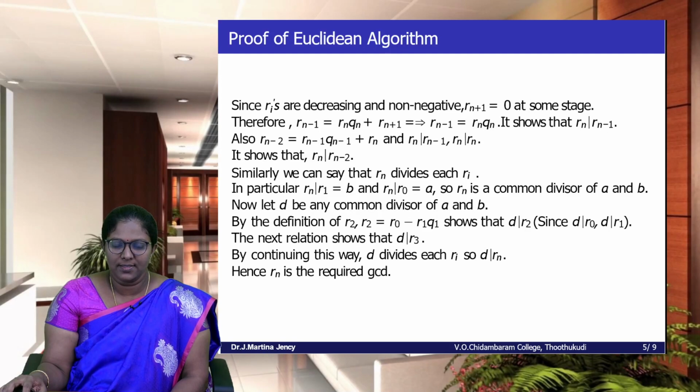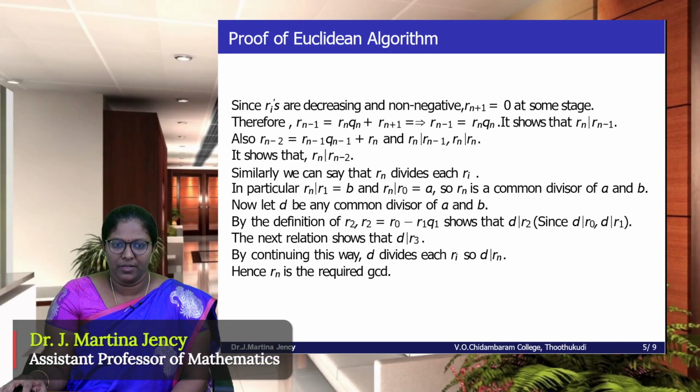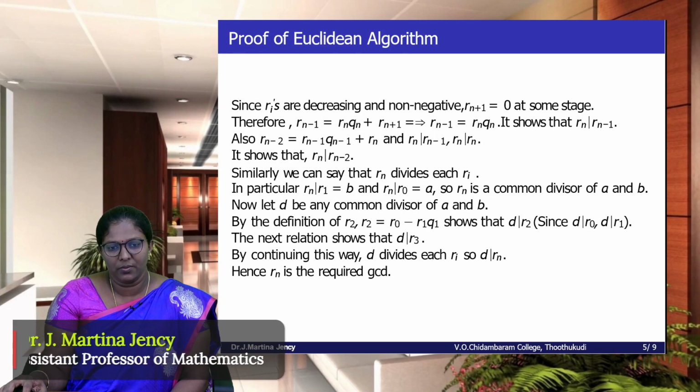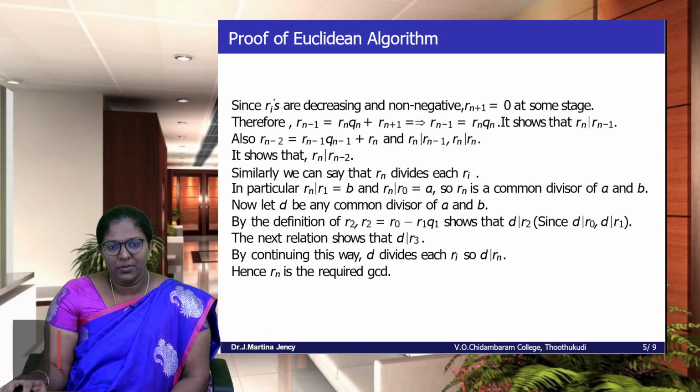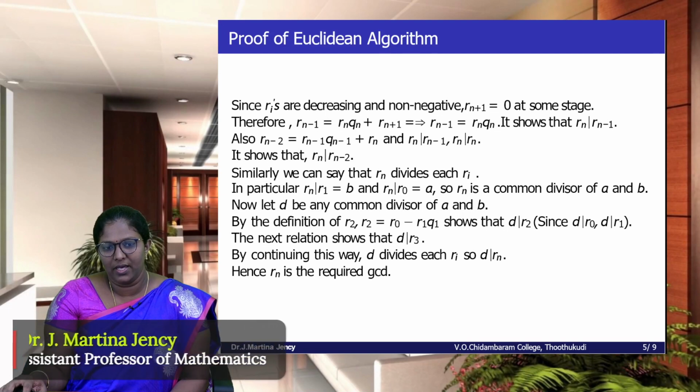Also, the second last relation is r(n-2) equals r(n-1) q(n-1) plus rn. Since rn divides r(n-1), and rn divides rn, it implies rn divides r(n-2). Similarly, we can say that rn divides each ri. In particular, rn divides r1 and r0. We know that r1 is b and r0 is a. So rn is a common divisor of a and b.